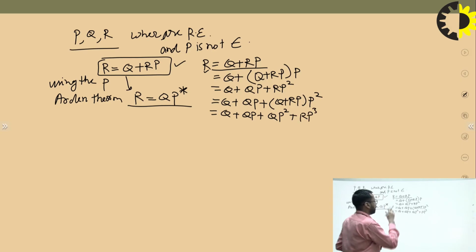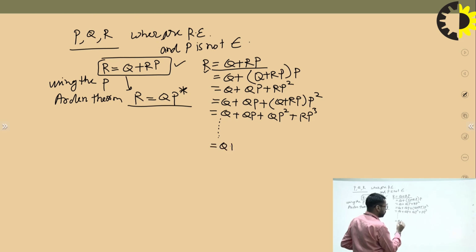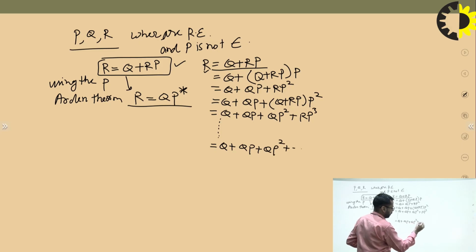When we replace the R value again and again, one by one, we find that the series of Q changes: first Q, then QP, then QP square. So the resultant value will be Q plus QP plus QP square plus QP cube.